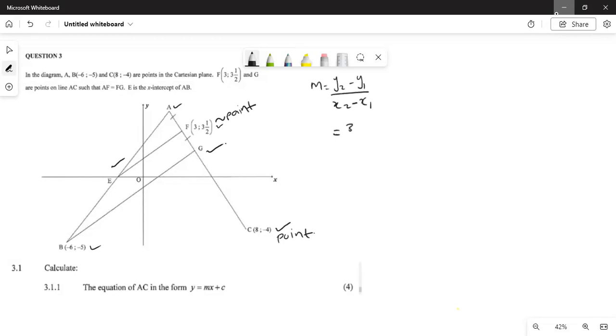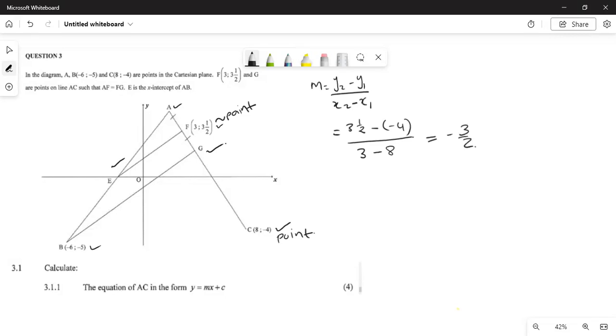We will have (1 over 2 minus -4) over (3 minus 8), and we should end up with a value of -3 over 2 as our gradient.